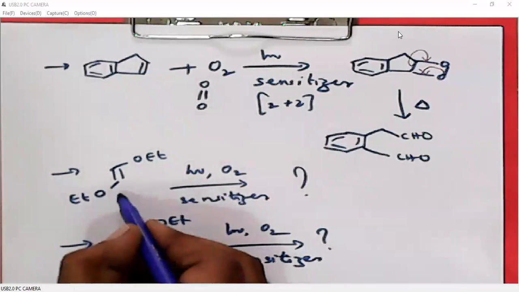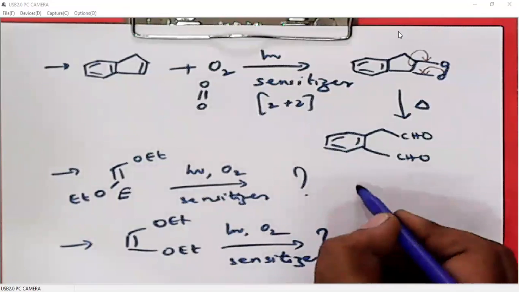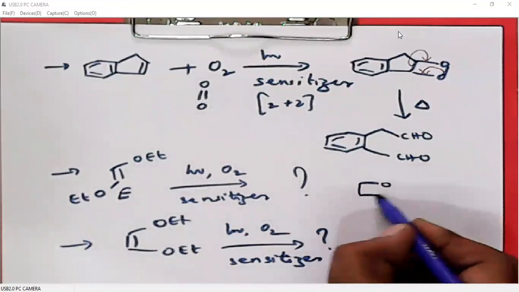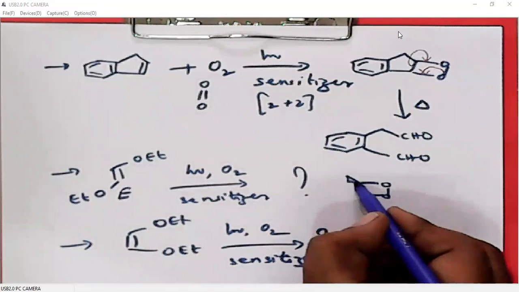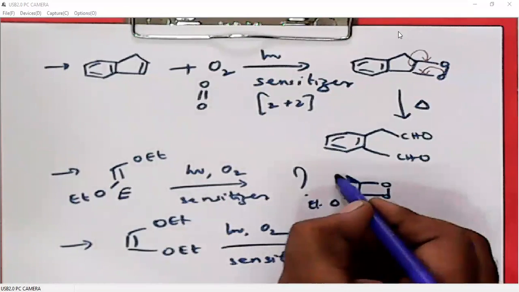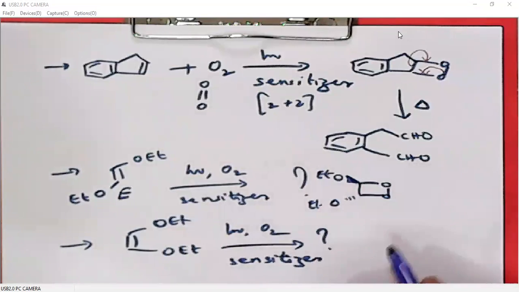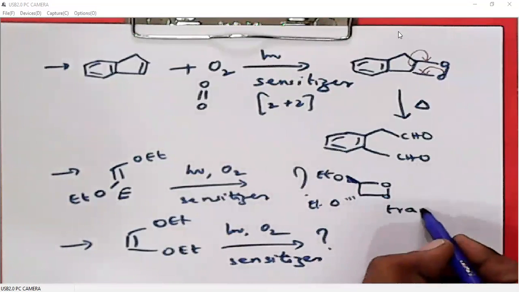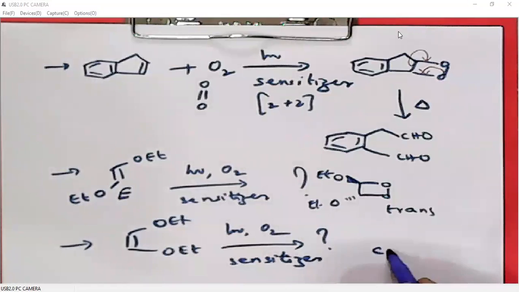So when we have an E double bond, these two substituents must be trans in the cyclic peroxide. So these two are trans. Here we will get cis disubstitution.